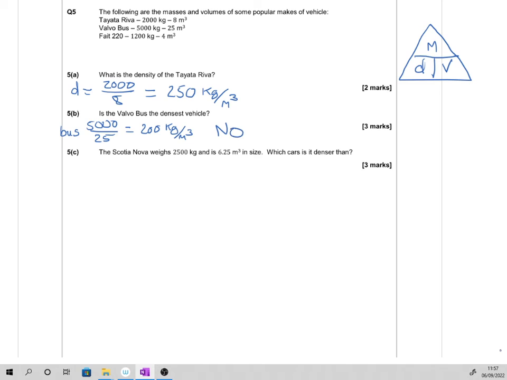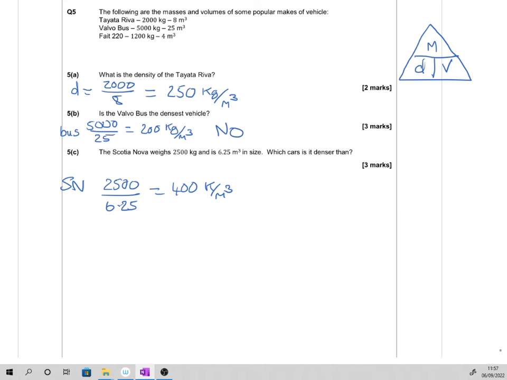The Scotia Nova weighs all that and has that volume. Which cars is it denser than? The density is going to be the mass divided by the volume. So 2,500 divided by 6.25 is 400 kilograms per meter cubed.